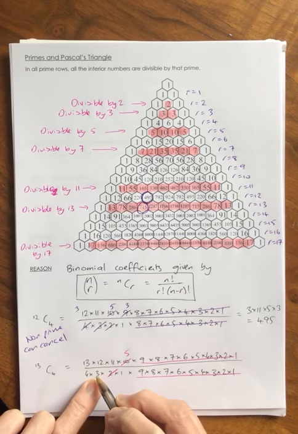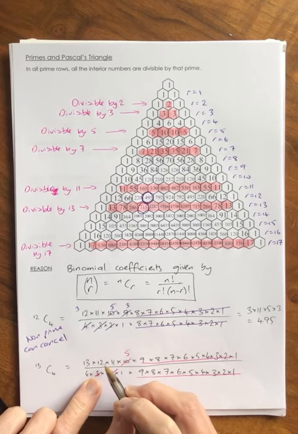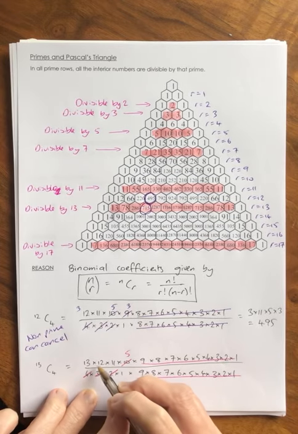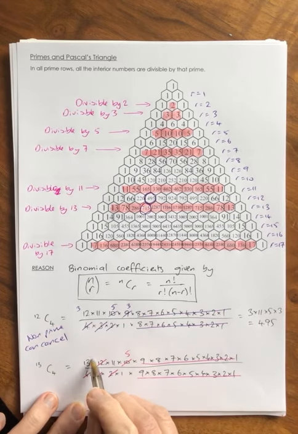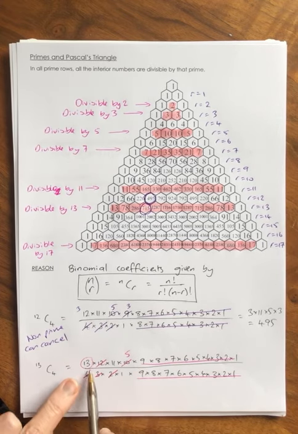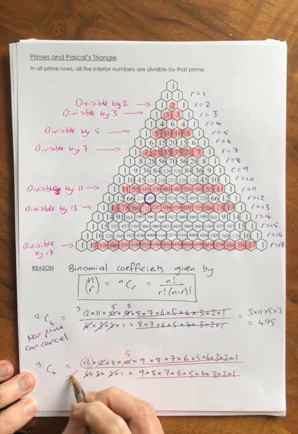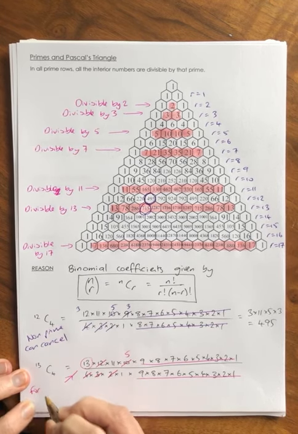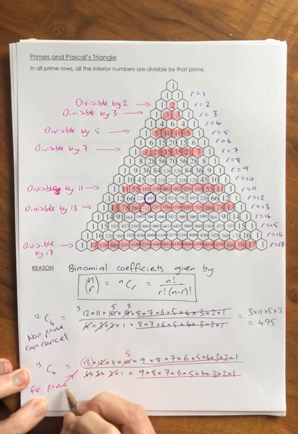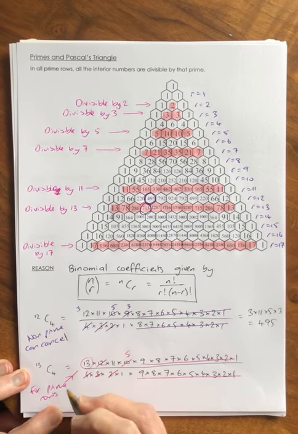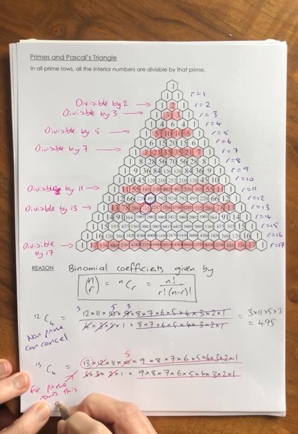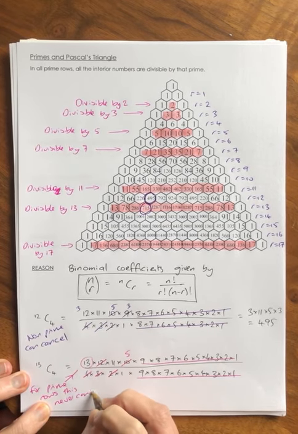The 3 can be divided into 12, but also the 4 can. That 13 stays there, okay? And because 13 is prime, you're never going to get a 13 on the denominator that divides into it. So that will happen for any prime rows. So for prime rows, this never cancels.